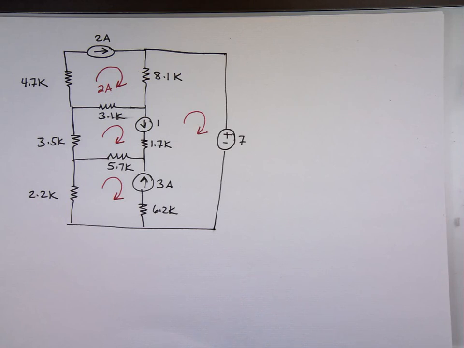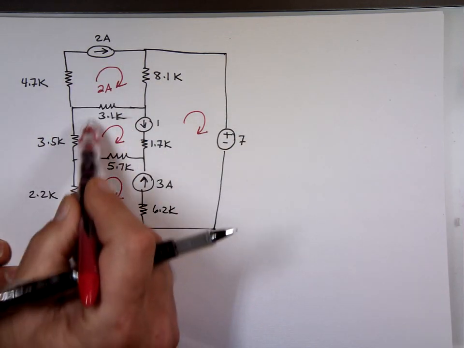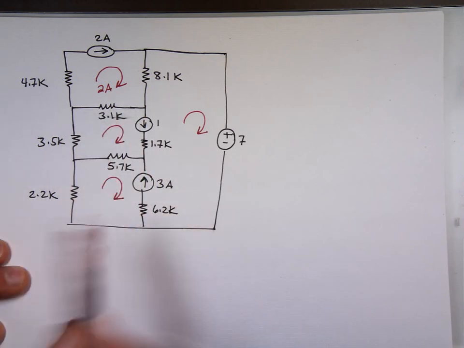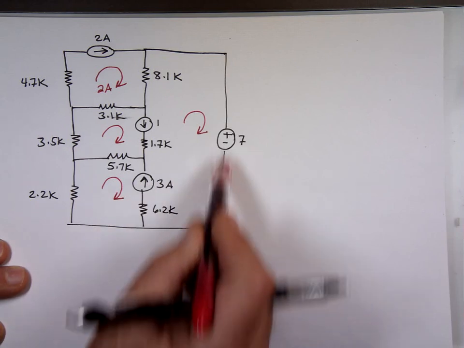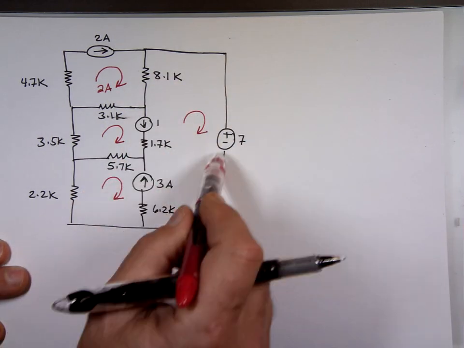Now, I can't do a KVL or a mesh here because I don't know the voltage. I can't do one here. I don't know the voltage. I can't do one here. I don't know the voltage here. I can't do one this way. I don't know the voltage here or here. I can't do one this way. I don't know that voltage.